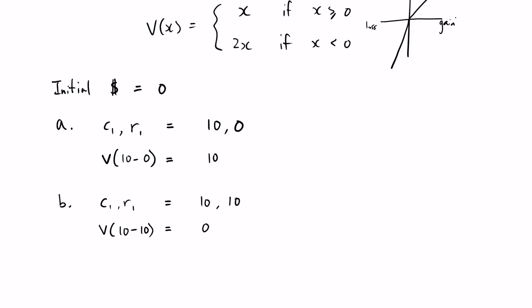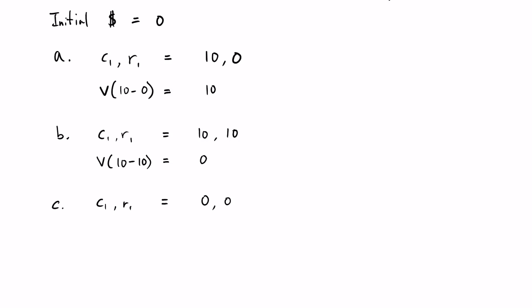Next, case C. What if he's naive and he got nothing? Well, that's okay, because he didn't expect anything to begin with. And finally, what if he is sophisticated?